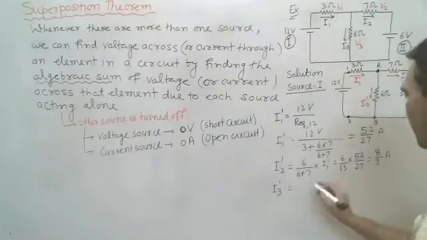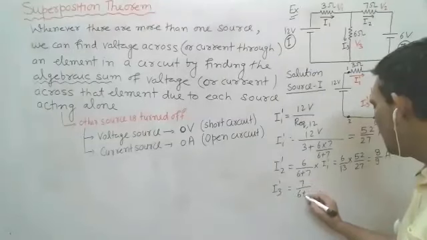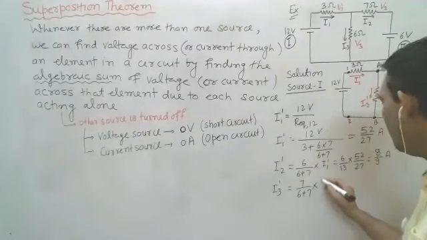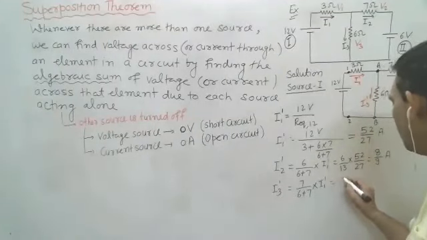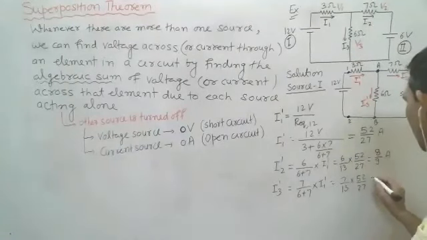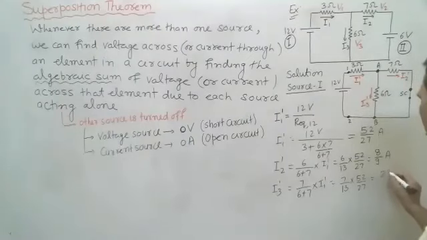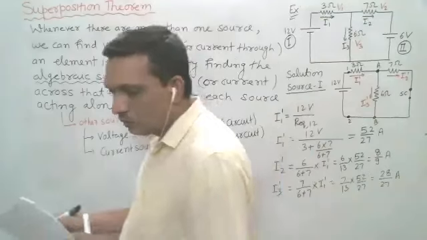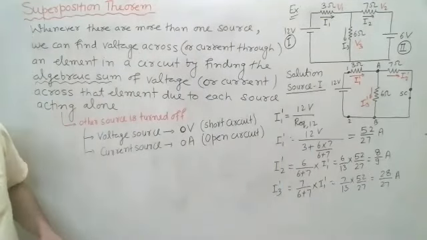I3 dash will be 7 by 7 plus 6, 6 plus 7 into I1 dash. So 7 by 13 into 52 by 27. This will be 28 by 27 ampere. So you know current due to first source.